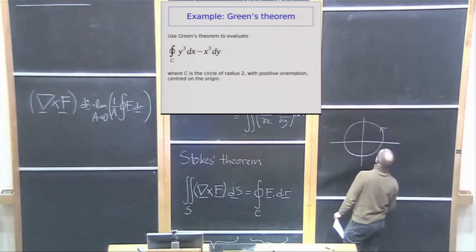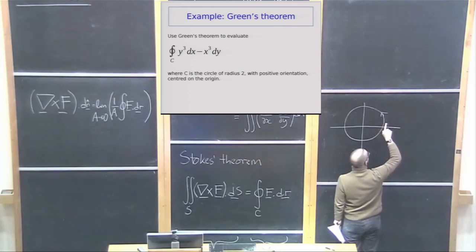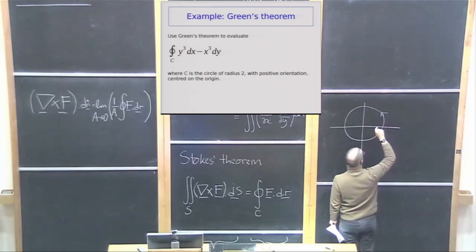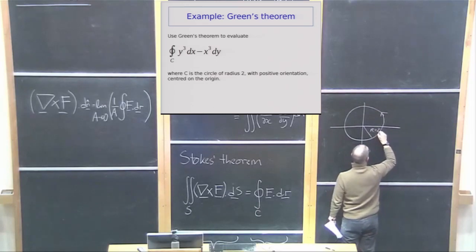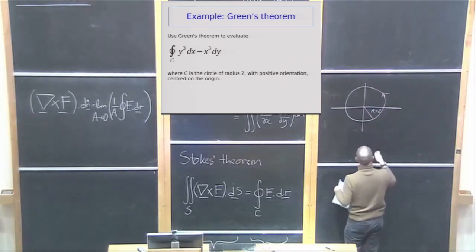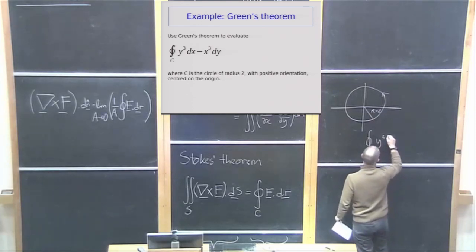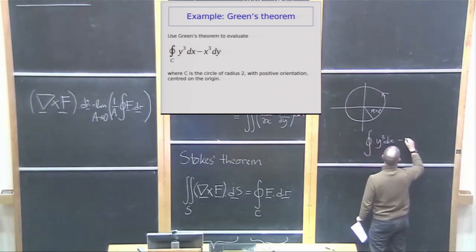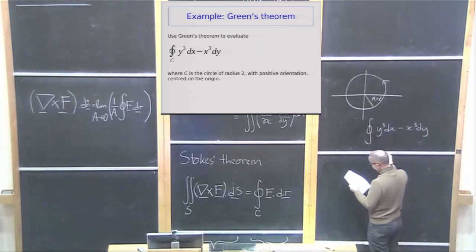Positive orientation is in this sense, and I'll show you a way that you can remember this in a moment. And this is radius 2. So the expression is saying, give us the integral of this around this loop.